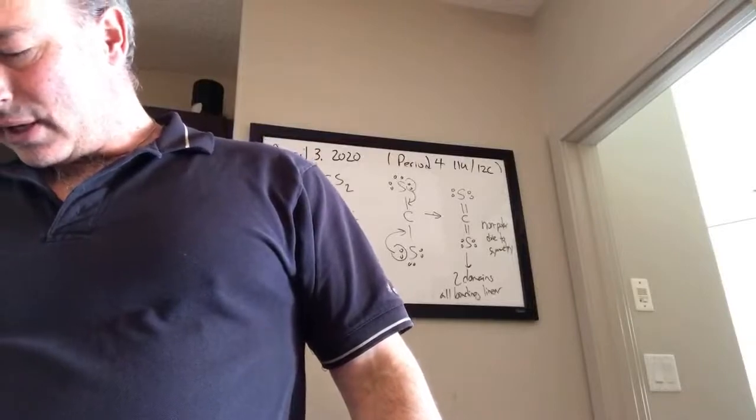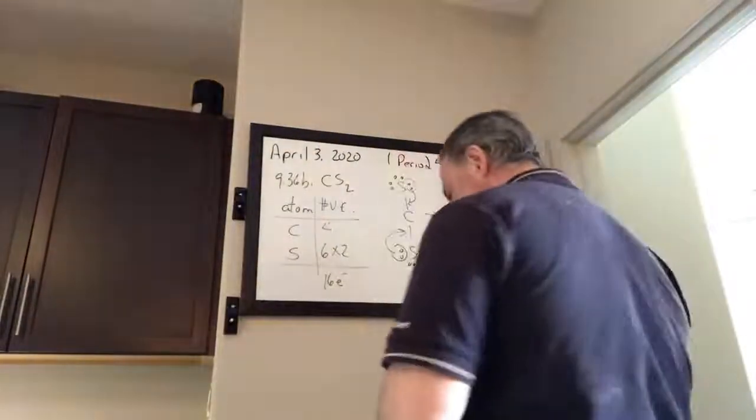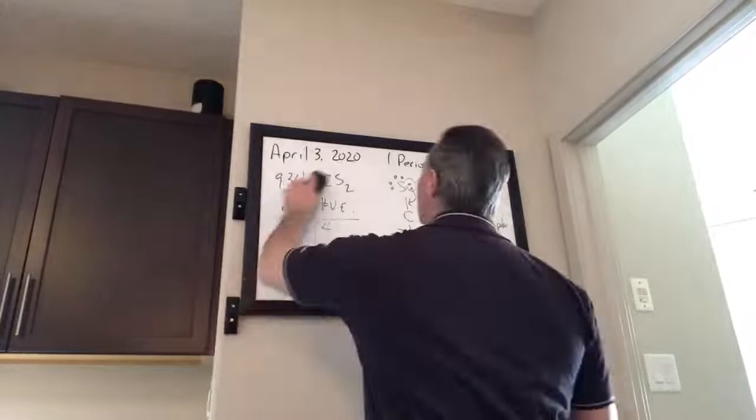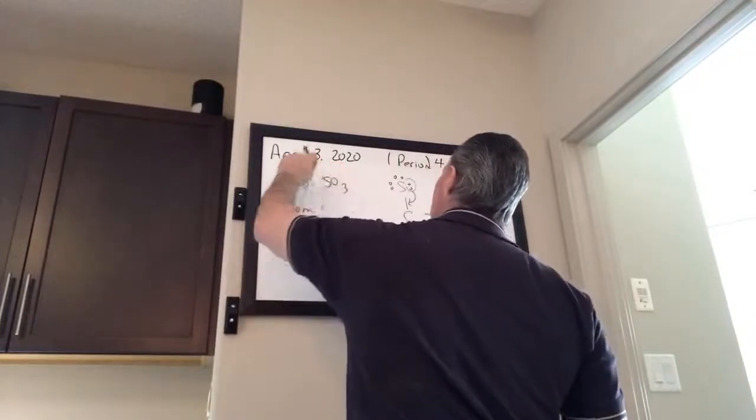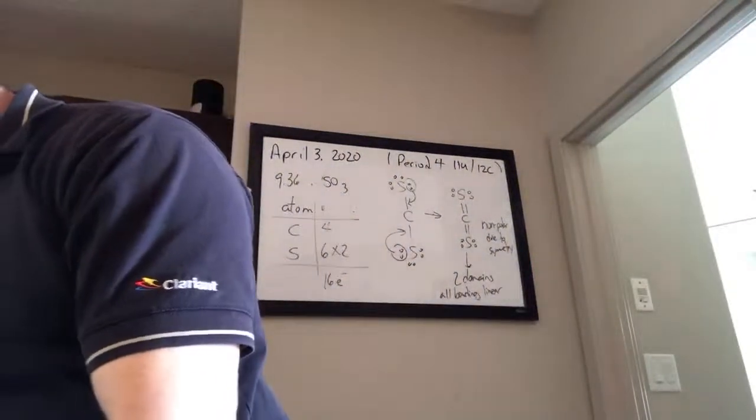So carbon disulfide. Sulfur trioxide is the next one. That's SO3, and that would be 936C.